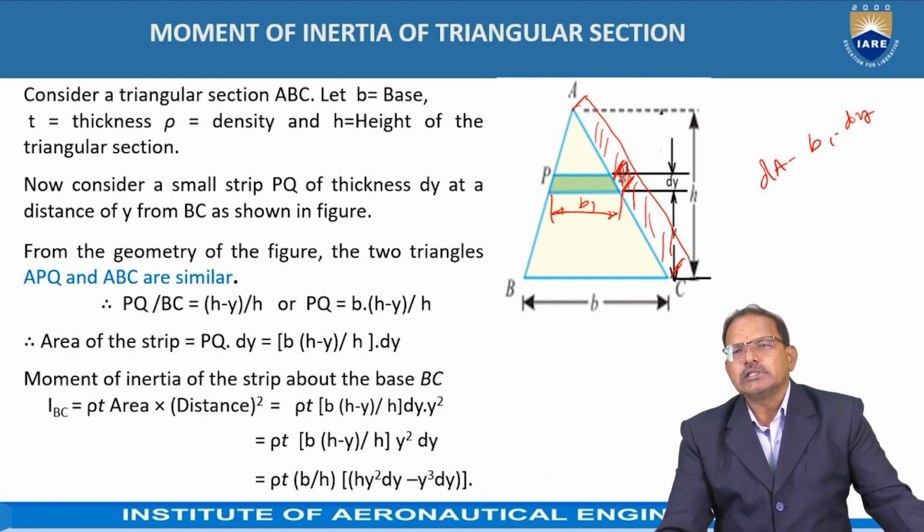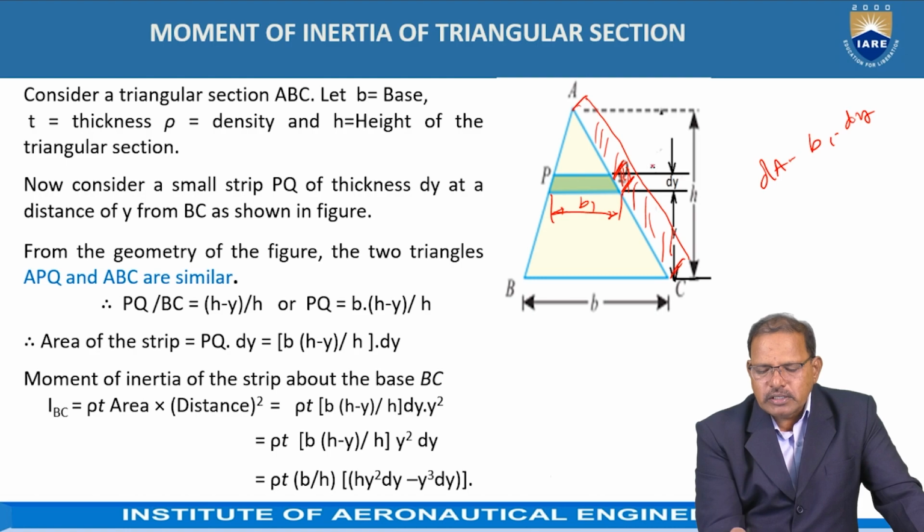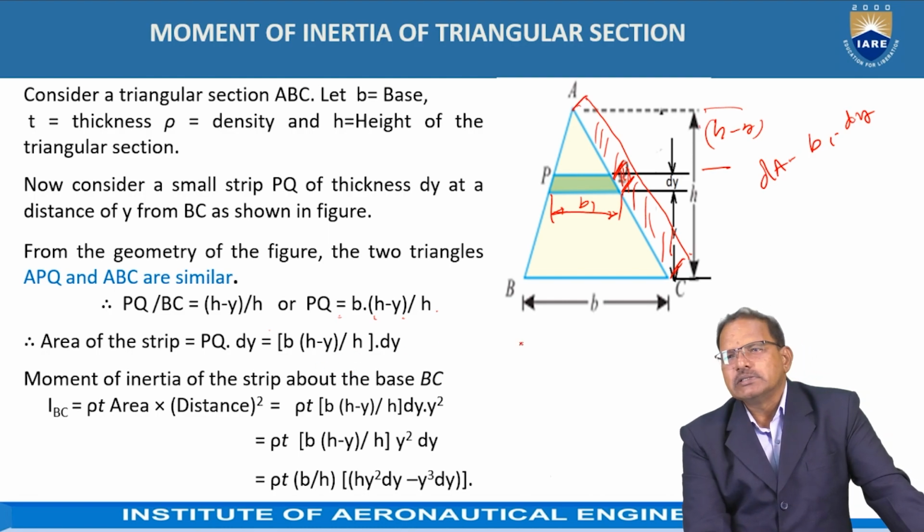The ratio of the lengths of the corresponding sides is always equal. That means PQ divided by BC is equal to H minus y, this distance, over the total distance H, that is (H minus y) by H. Or PQ is equal to B into (H minus y) by H, which we can take as B by H into (H minus y).